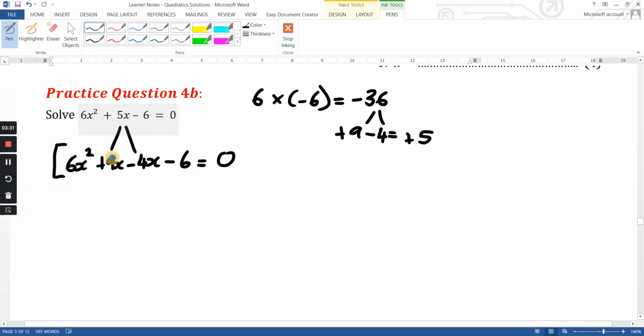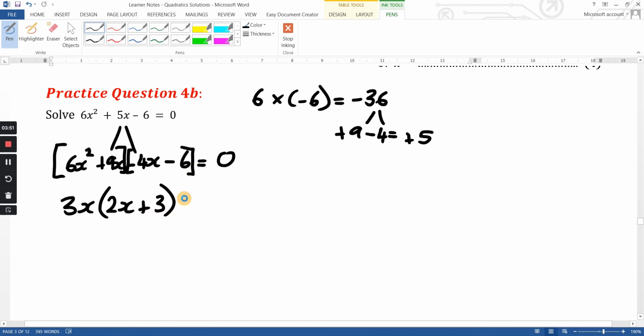Factorize this. Factorize this. So I can take out 3x, that leaves me with 2x plus 3.